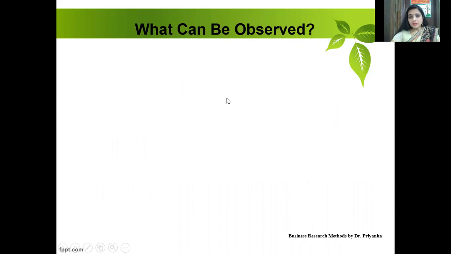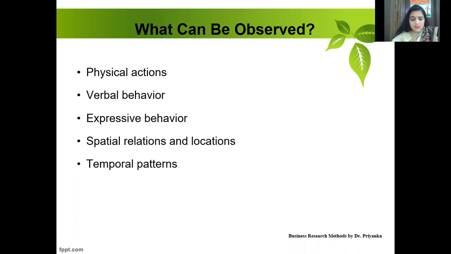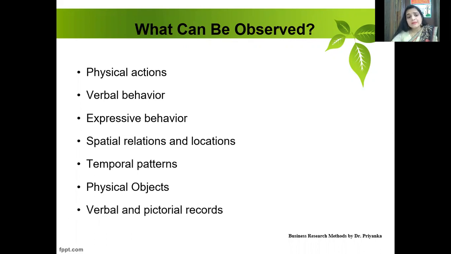What can be recorded? Physical actions, for example, work patterns; verbal behavior; expressive behavior, such as voice or facial expressions; spatial relations and locations, such as traffic patterns and space between the workers; temporal patterns, maybe time required to perform a particular task; physical objects, for example, finished good inventory, raw material or something like that; verbal and pictorial records, for example, content of memoranda.